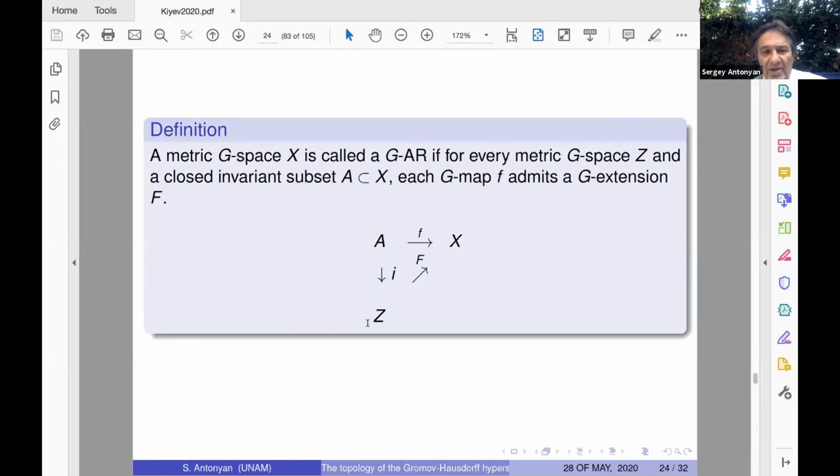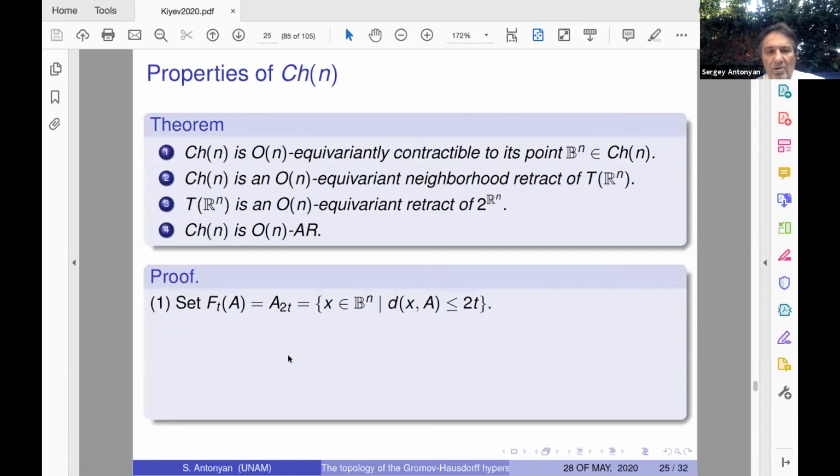So we have a metric G-space here, and a closed invariant subset A; then every equivariant map extends to an equivariant map. In our case, G will be the orthogonal group.